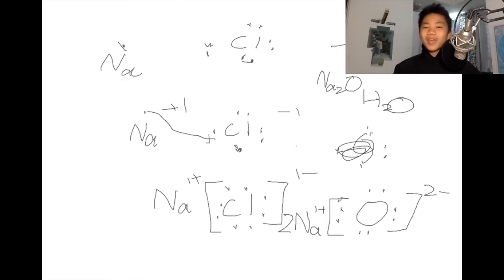Anyways, one last thing before we end this video. Metallic bonds, which are formed between two metals. That kind of bond, as far as I know, hasn't been that important in the 6th grade curriculum. On all of my tests throughout 6th grade, I only got 1 single question on metallic bonds.